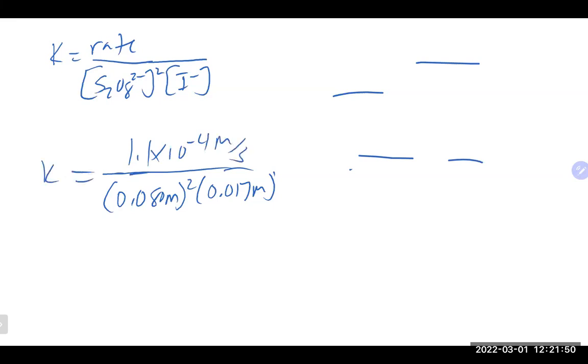And if we do that there, it looks like we will get 1.1 to the minus 4 divided by, again, here we would need to square that 0.08, and divided by 0.017, I believe. And I think I get a 1.01, if I'm not mistaken.